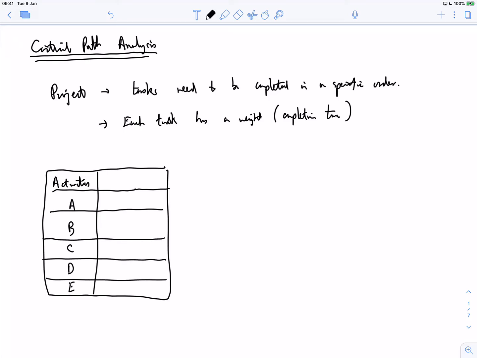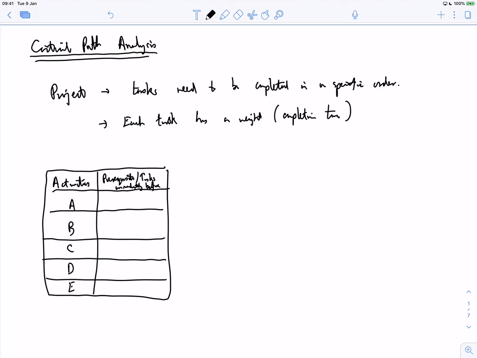Okay, and let's suppose that in the other column we're going to have prerequisites or tasks immediately before what's going on. So what do I mean by that?